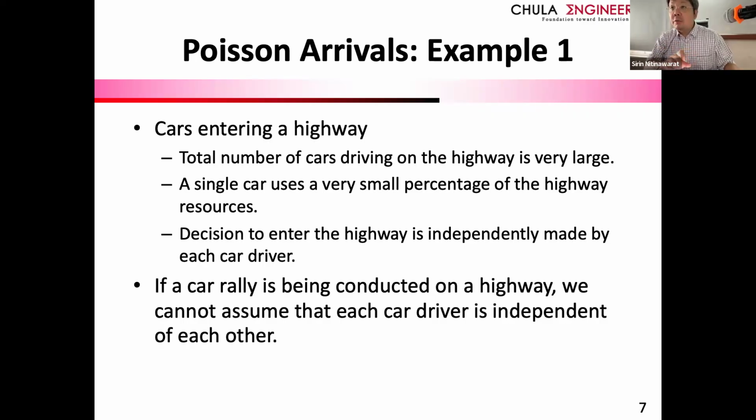Except for very rare situations, something like a car rally, in which they form a caravan and come in together. But in a typical situation, the cars that are coming in are acting almost always independently, right?